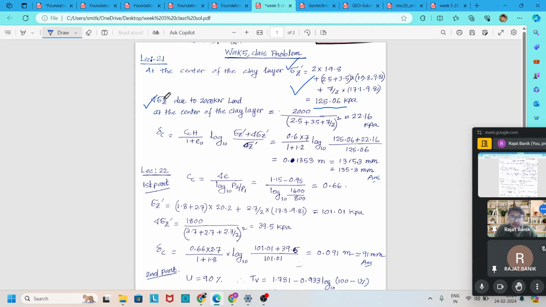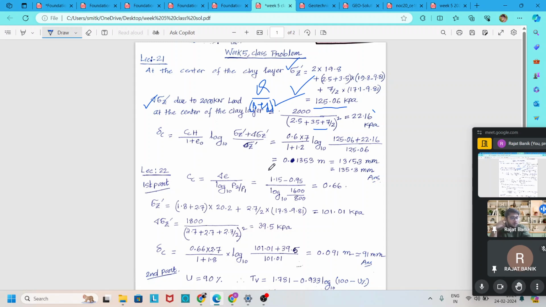Then we have to find out del sigma z dash, which is the load at the middle of the layer divided by B plus D whole square. So our D is 3.5 plus 7 by 2. The load is 2000 kilonewton, so it becomes 22.16 kPa.